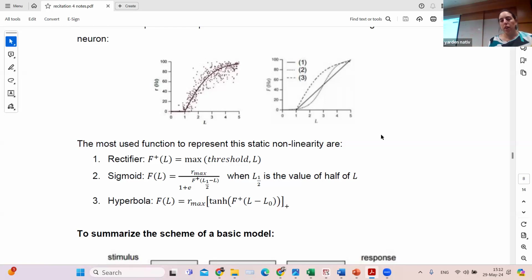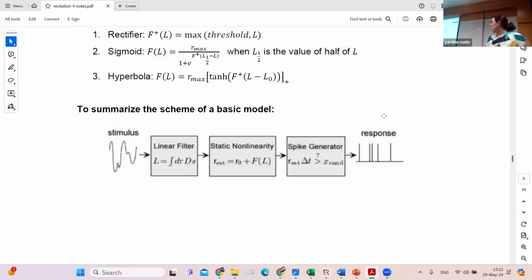So again, in the project you have to create this linear filter, but in real life you sometimes add a static nonlinearity to represent the saturation phenomenon and so on. And then when you have the firing rate function, you can generate the spikes, and you have a function which predicts for each stimulus its response. Okay, cute, huh?